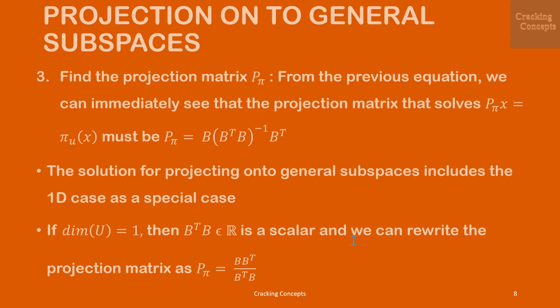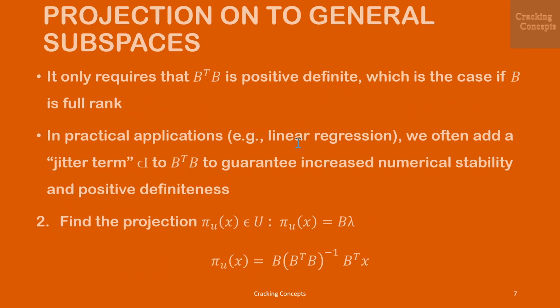The third step is to find the projection matrix P_π. From the previous equation, we can immediately see that the projection matrix that solves for P_π x is equal to π_U of x must be P_π equal to B into B transpose B inverse into B transpose. That is the coefficient of the term x.